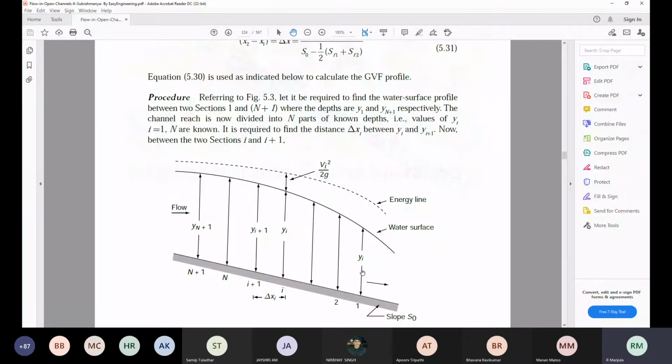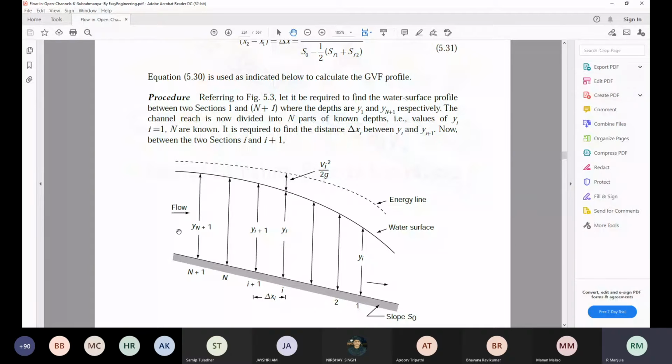So now this varies from i equal to 1 to n plus 1. The difference between yi and yi plus 1 is going to be your delta xi, where i varies from 1 to n.